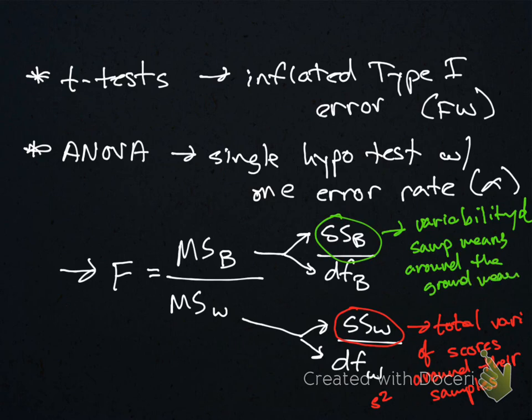And then we also talked about our degrees of freedom, but calculating the degrees of freedom is pretty simple. K minus 1 for between, n minus k for within.